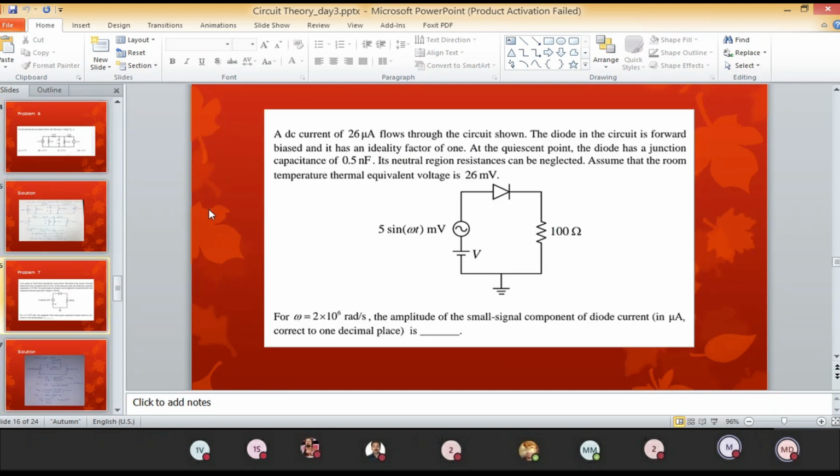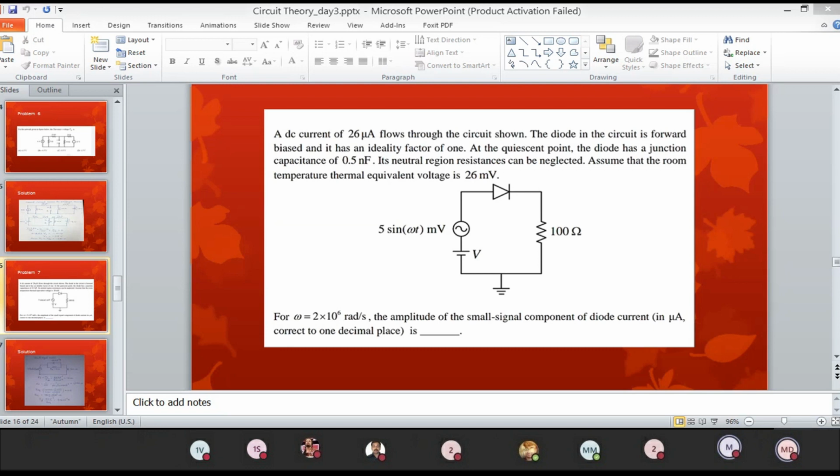Let us go for another interesting one. A DC current of 26 microamps flows through the circuit. The diode is forward biased and its ideality factor is 1. At the quiescent point, the diode has a junction capacitance of 0.5 nanofarad. Its neutral region resistance can be neglected.